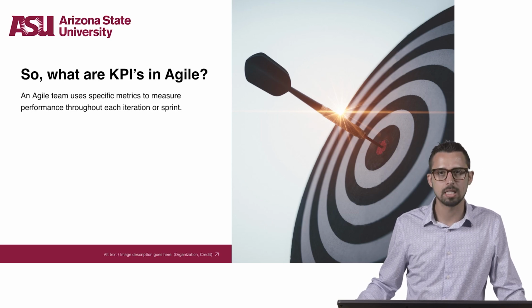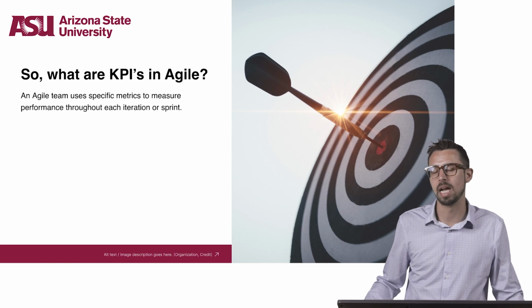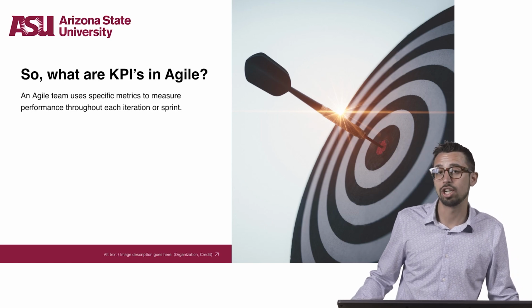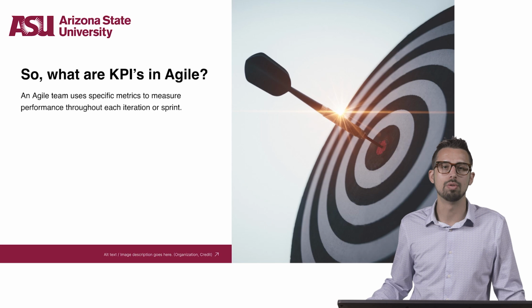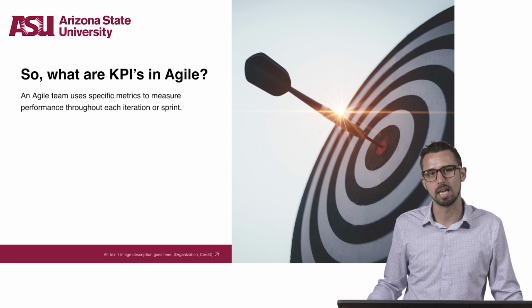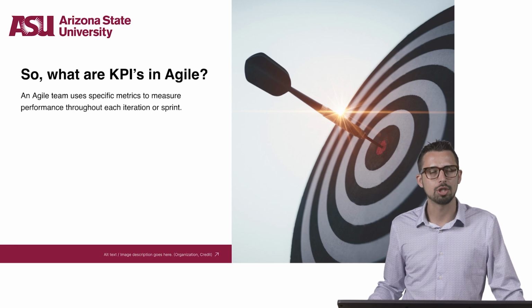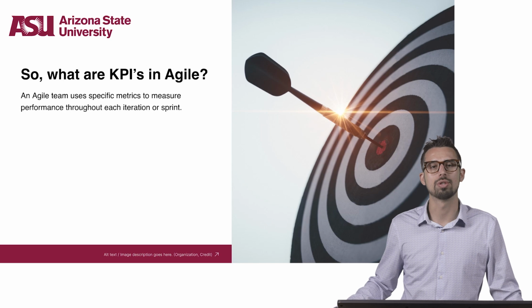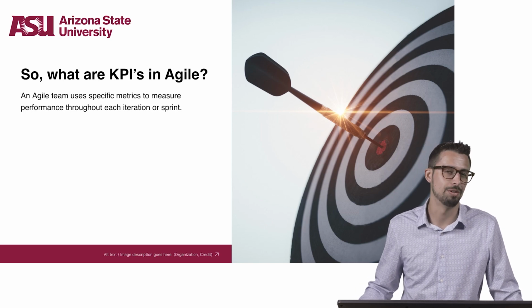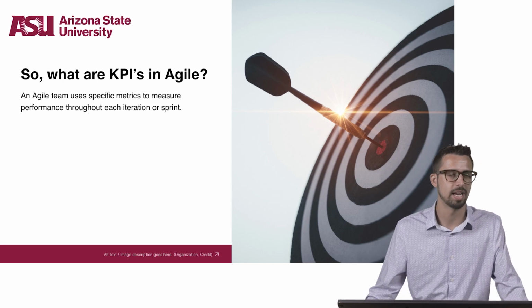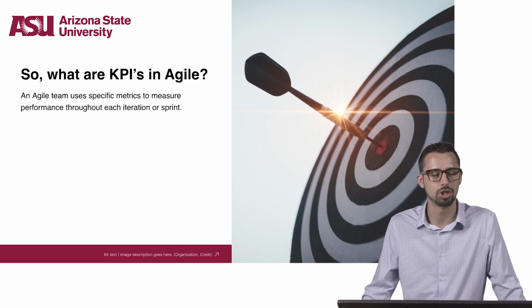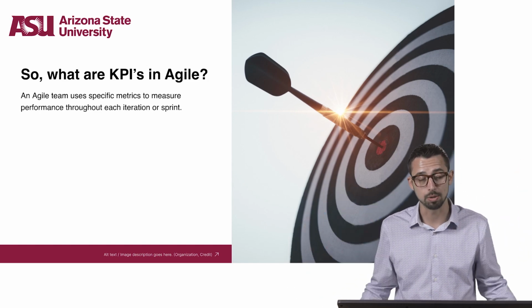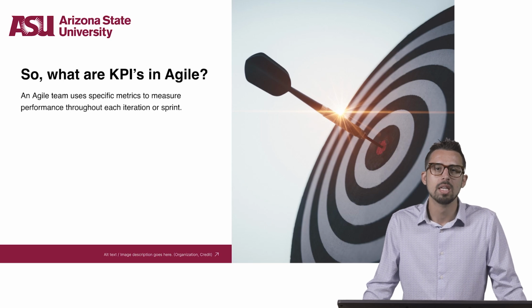This fast-paced environment might suggest that Agile teams don't have time to track KPIs as they work. However, that's generally not the case, as Agile professionals are also focused on continuous improvement. Again, that's another one of those Agile methodology or principles within the Agile Manifesto.